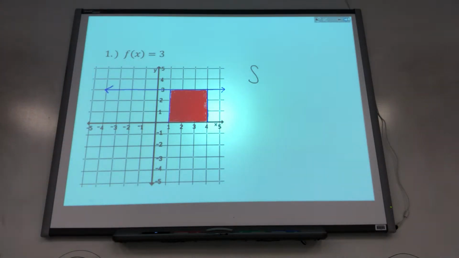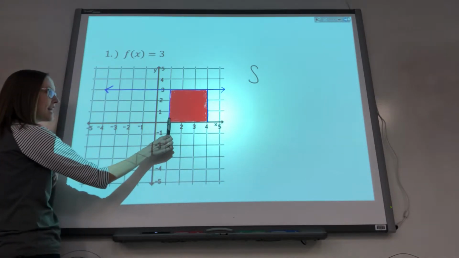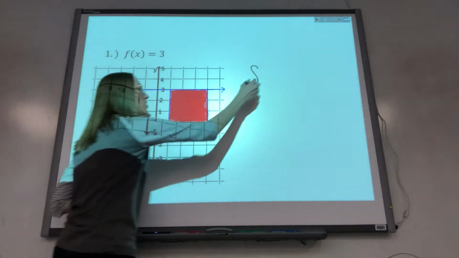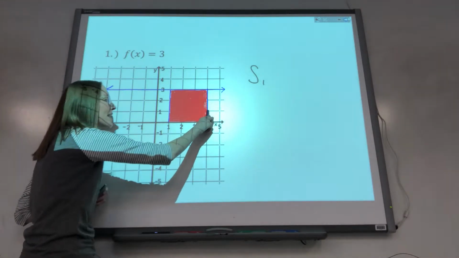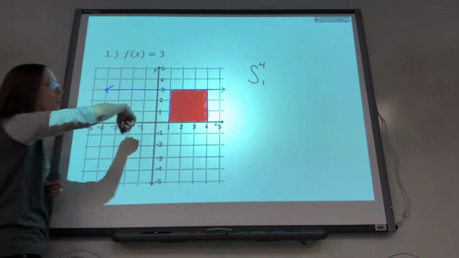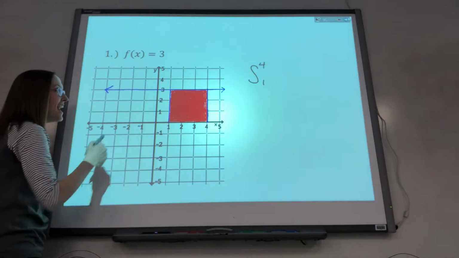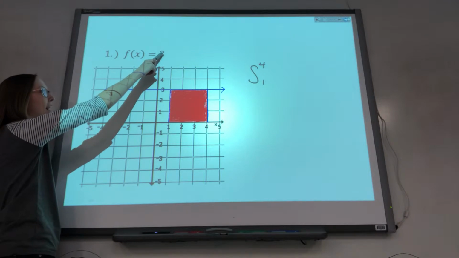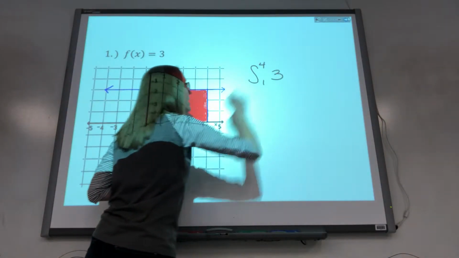And for a definite integral, the lower bound is the smallest x value that you're going to be using. So this is a 1 here, smallest x value on the left. Biggest x value over on the right is 4. And for the integrand, I'm just going to come back and use what they gave me up here. They'll always give you that part.